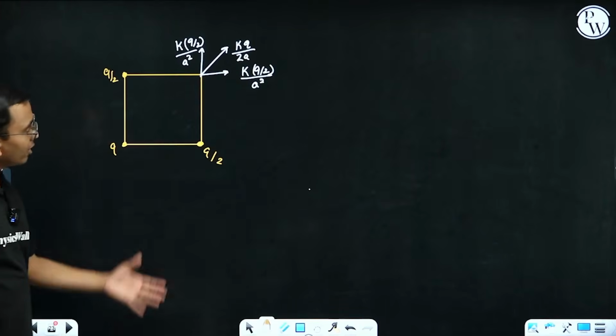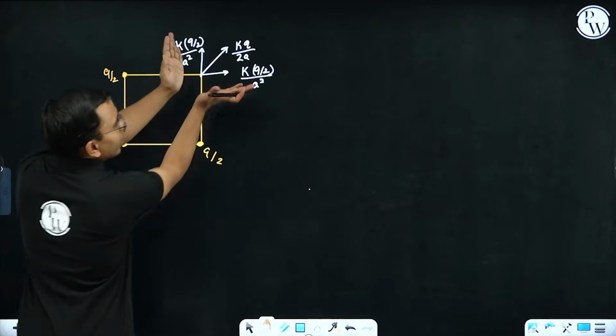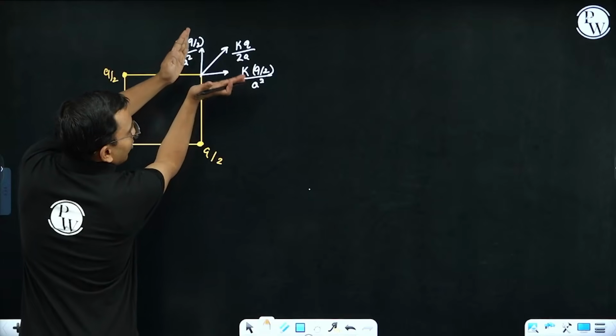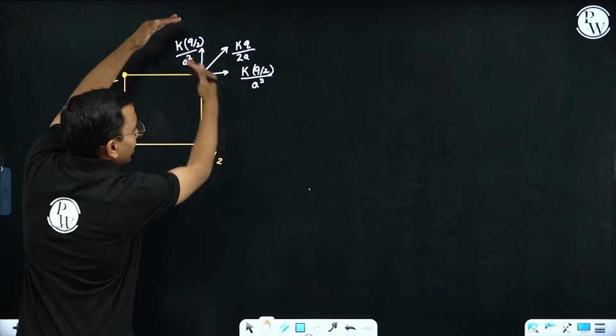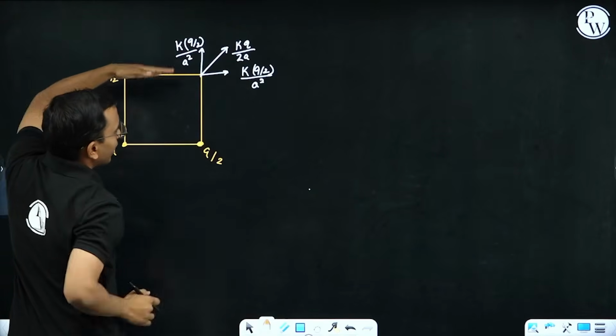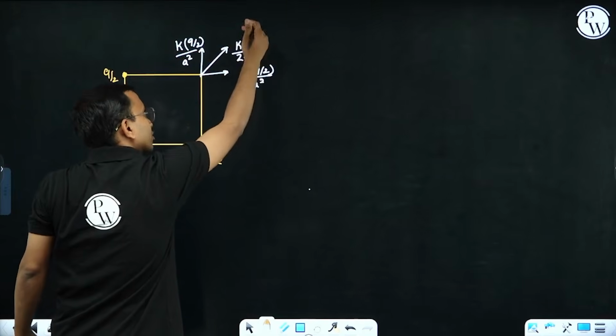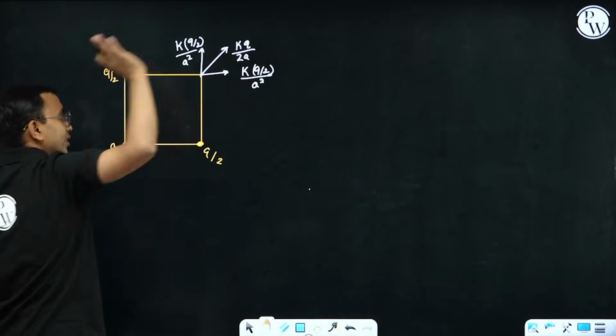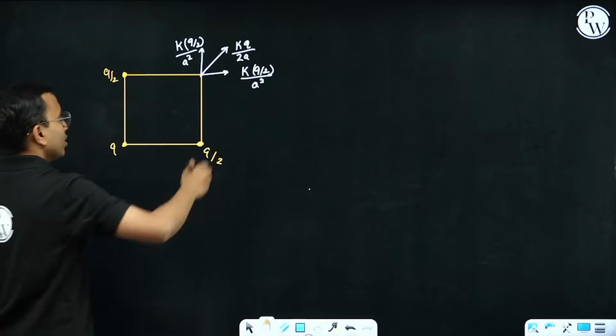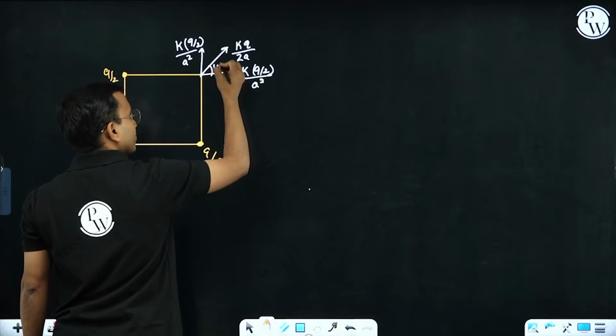Now how to take the resultant of these three vectors? These two are equal and at 90 degrees. The components along the diagonal will add, and the components perpendicular to the diagonal will cancel. Now take the component along the diagonal and add that to the vector that is already along the diagonal. This angle is 45 degrees.